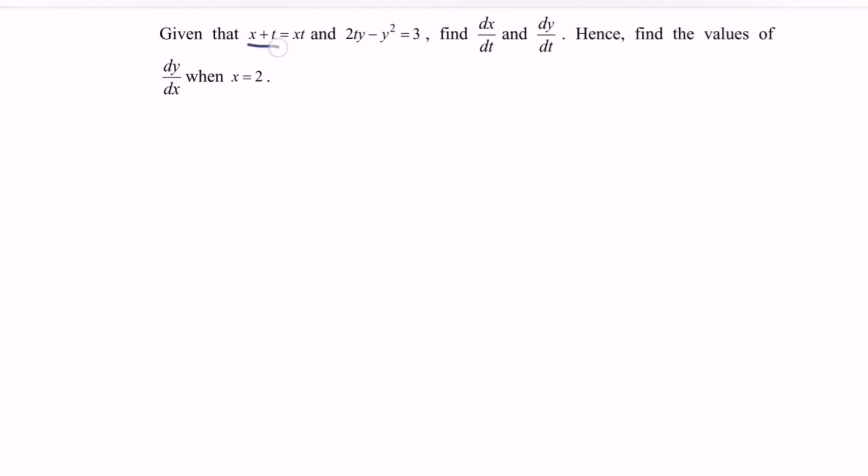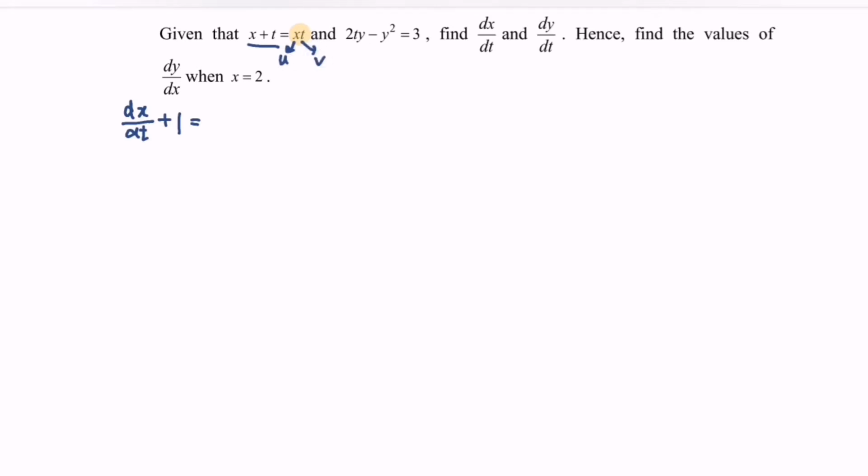So for this case, we have dx/dt plus 1 equals to, so we are going to use the product rule to differentiate this, where x is u and t is v.